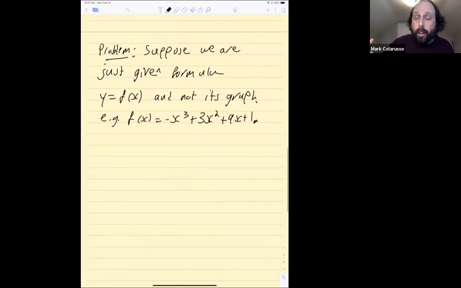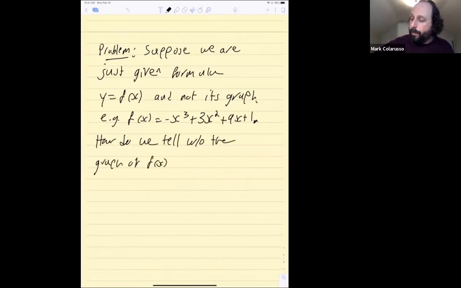So we need to use calculus to get from this formula to some information that will allow us to produce the graph. So looking at this formula, how do we tell, without the graph of the function, where f is increasing or decreasing?